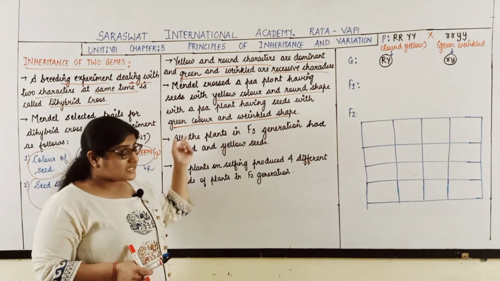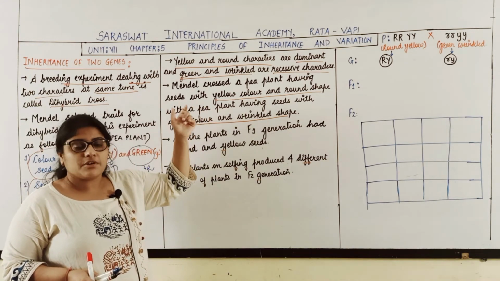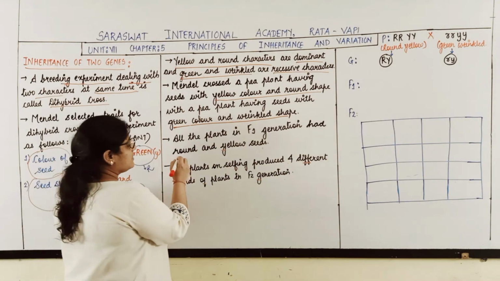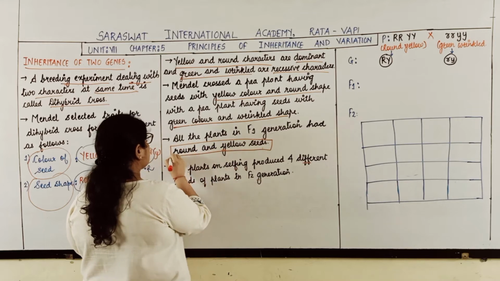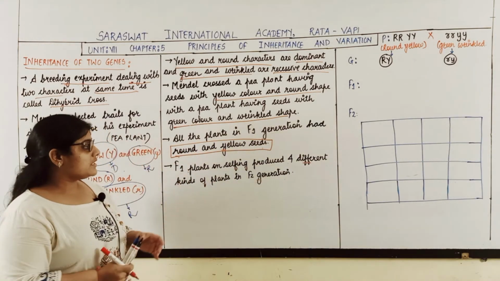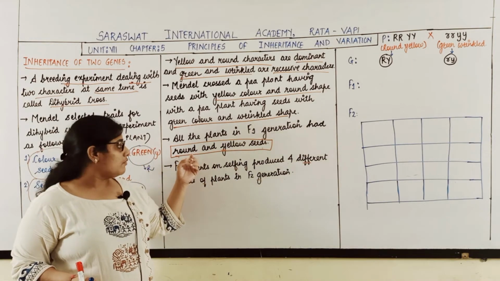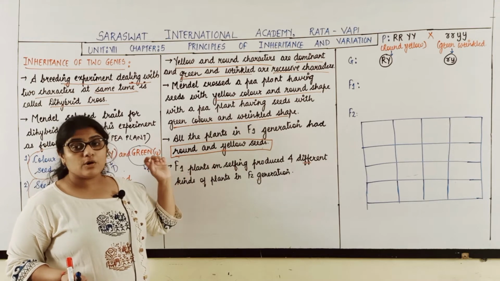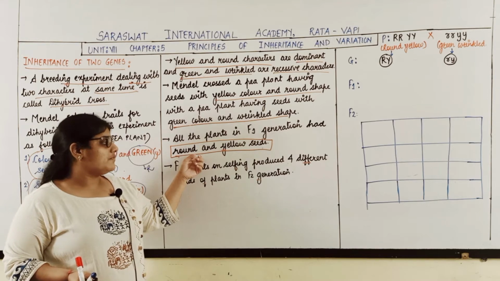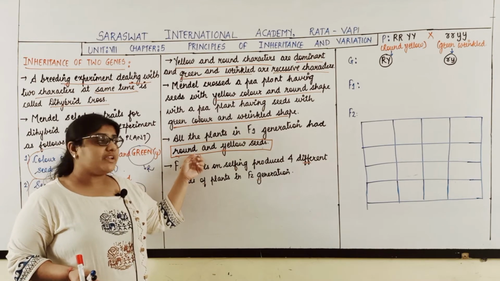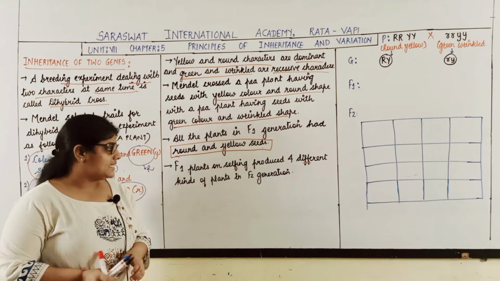Now students, when he performed this cross, he found that all the plants in the F1 generation had round and yellow seeds.